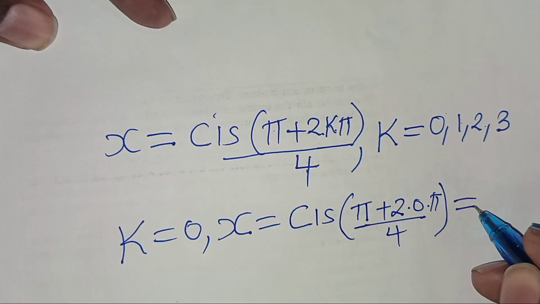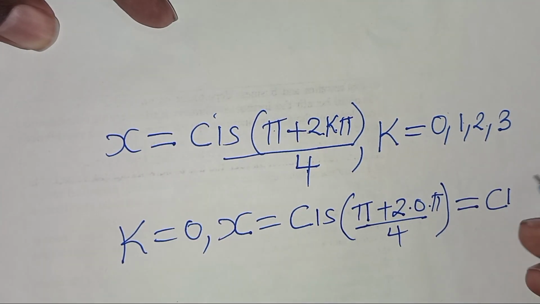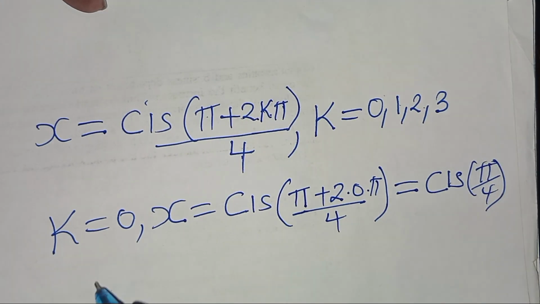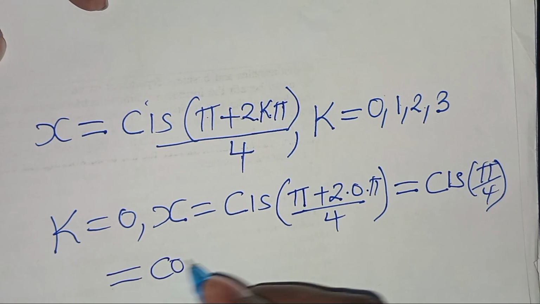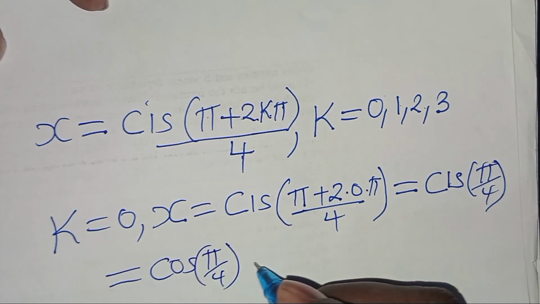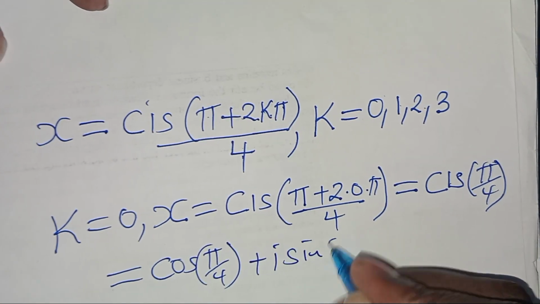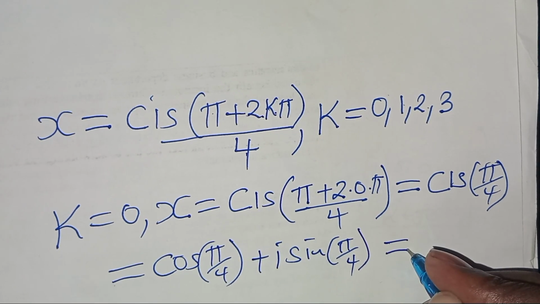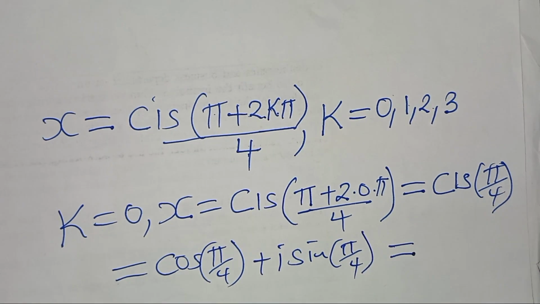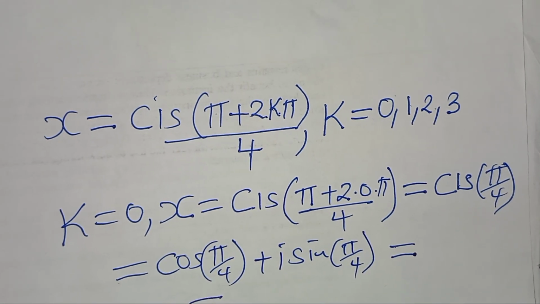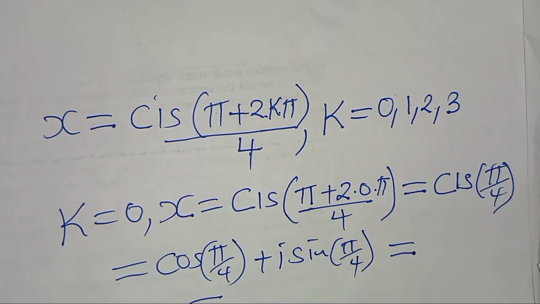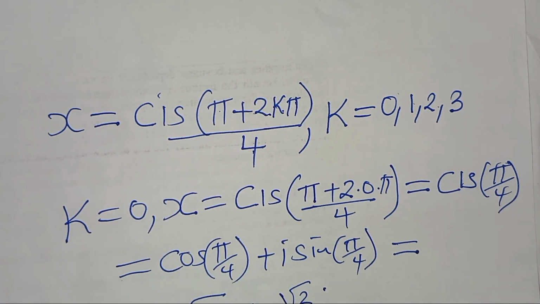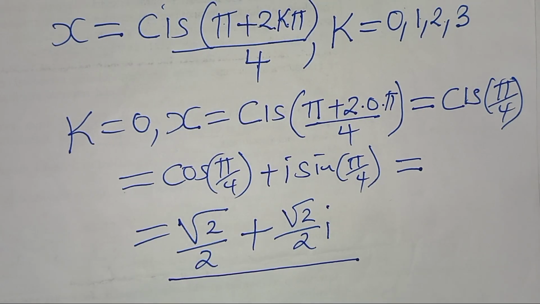So this is basically cos pi over 4 plus i sine pi over 4, which we can express as square root of 2 divided by 2 plus square root of 2 divided by 2 i. This is the first value of x, given that k is equal to 0.